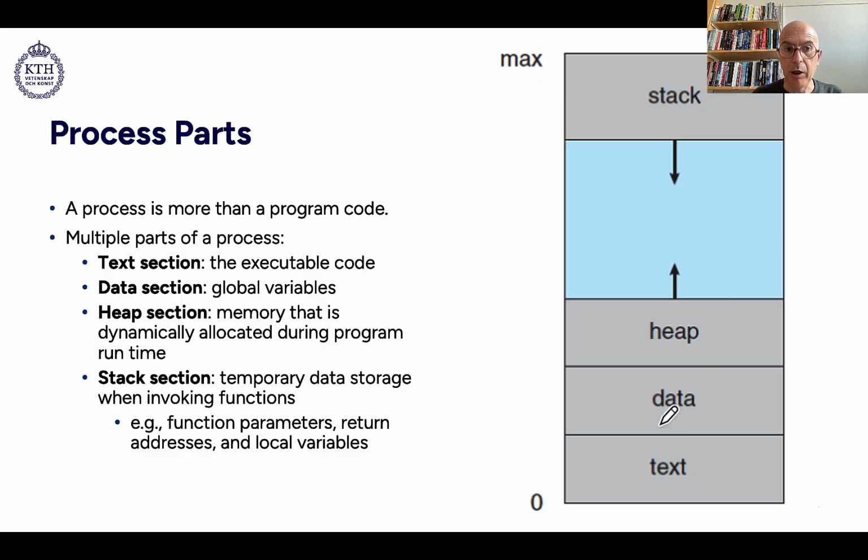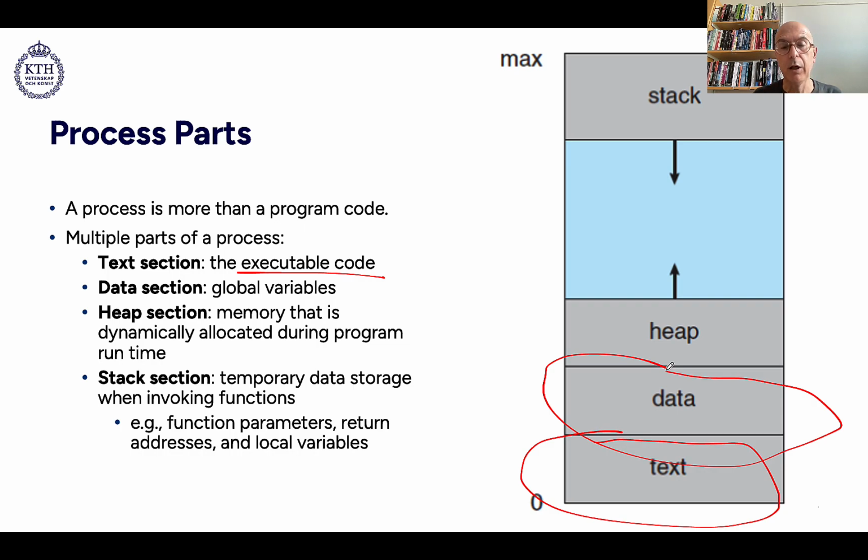At the bottom, we have a so-called text section that includes all the executable code. We have a data section that contains all the global variables. Then we have a part of the memory that is divided in heap section and the stack section.